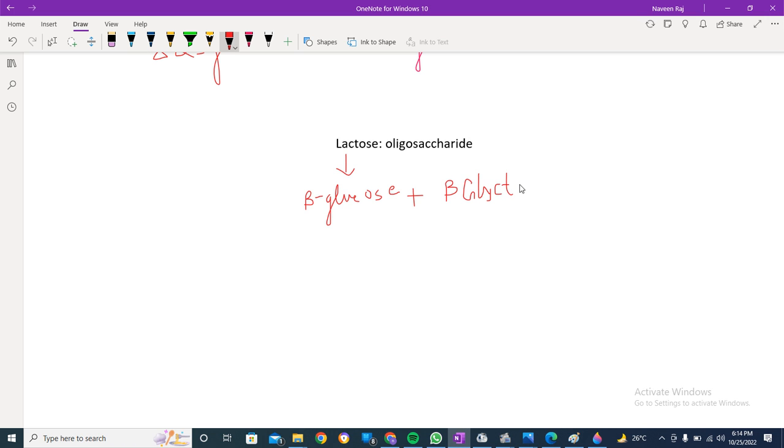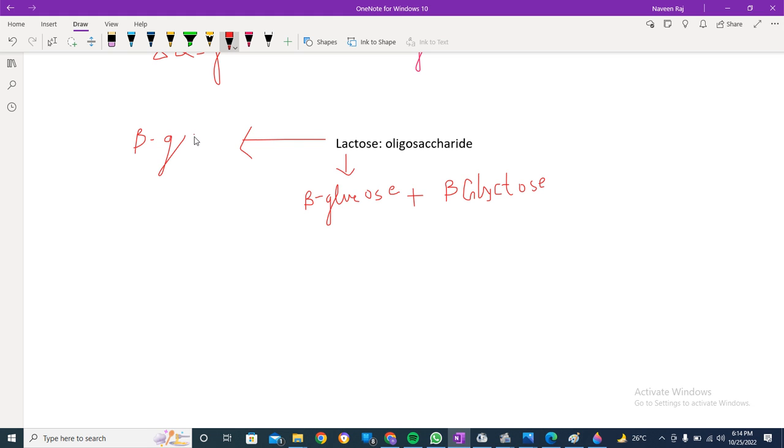So beta glucose and beta galactose combine to form lactose, and since both are beta, we get to know that the bond formed between them is a beta glycosidic bond.